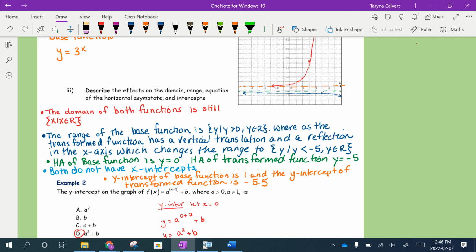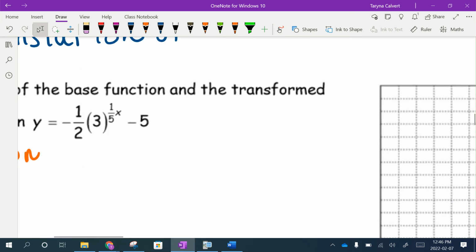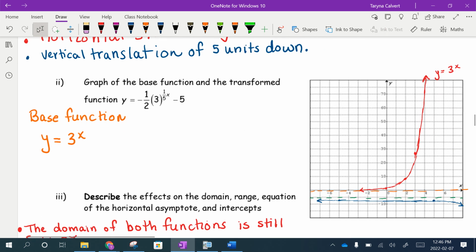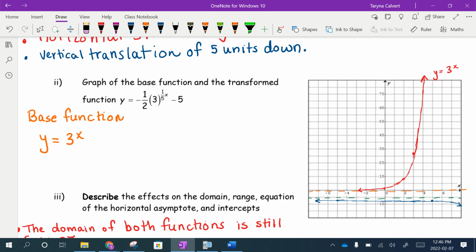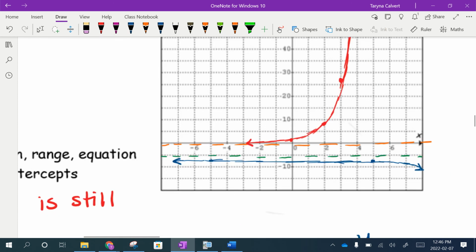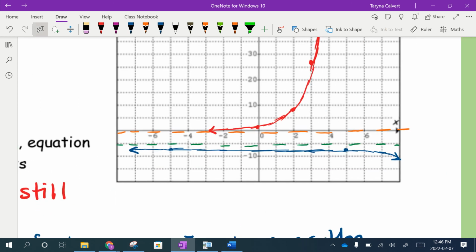So the graph is not going to touch the asymptote. So that's why it's always going to be a greater than or less than symbol to the asymptote. So this one, we knew that the horizontal asymptote was at -5, but since there was a reflection in the x-axis, it got flipped underneath, right? So that's why it's really hard. I should have given a little bit more graph paper, just so you guys could see the curve a little bit more. But since there was a reflection in the x-axis, it's not actually above the asymptote, it's below the asymptote.